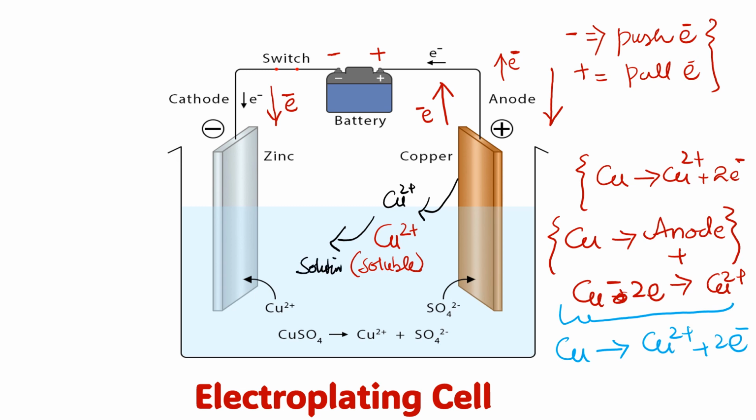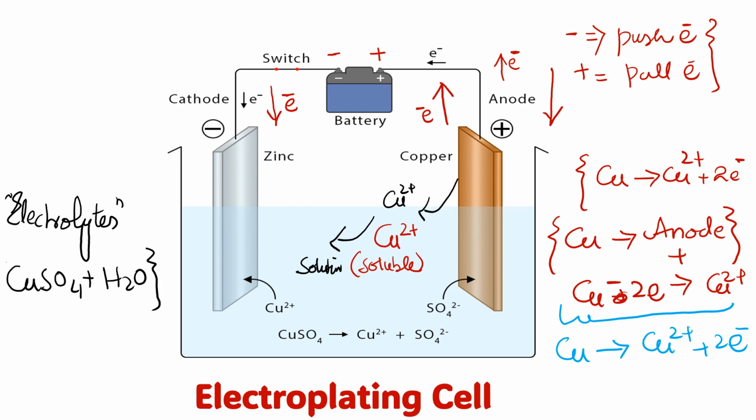Okay, student, please keep in mind that the solution which is used in an electroplating cell is known as electrolyte. The electrolytic solution is usually composed of copper sulfate and water, or it may be a solution of other types of sulfate and nitrate.